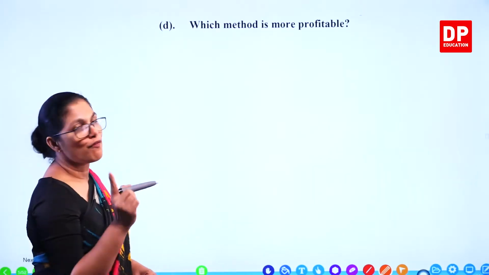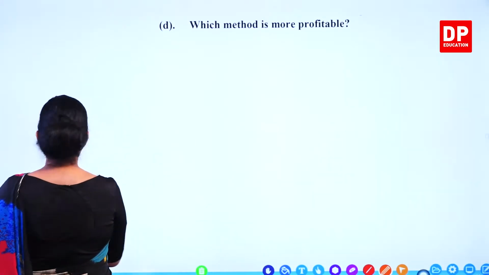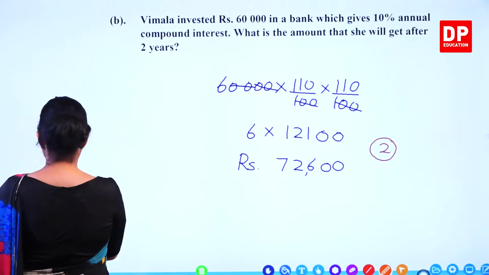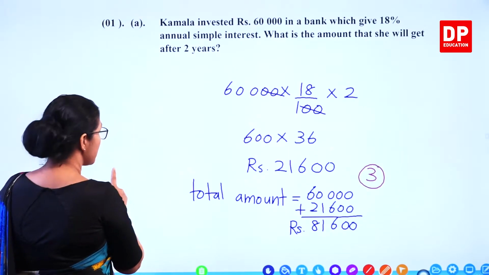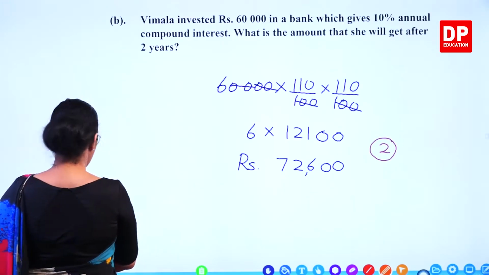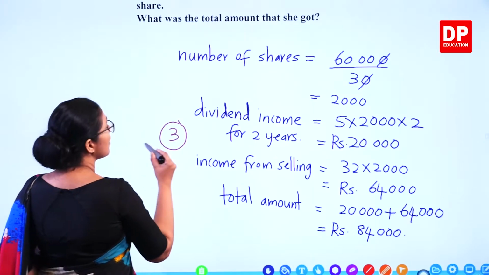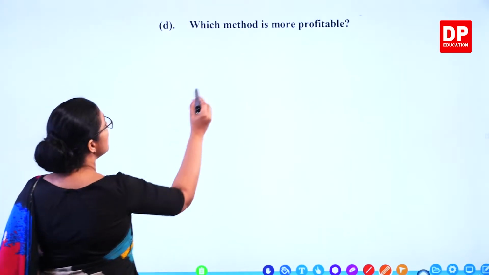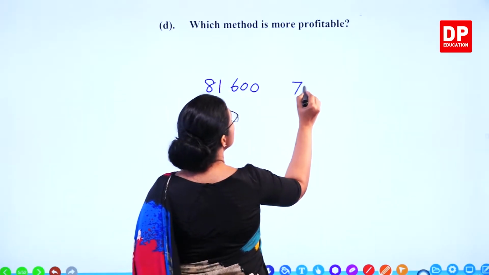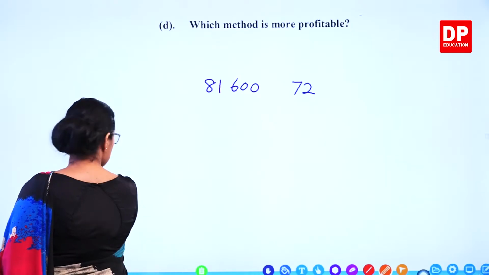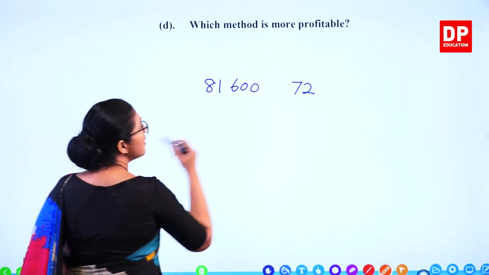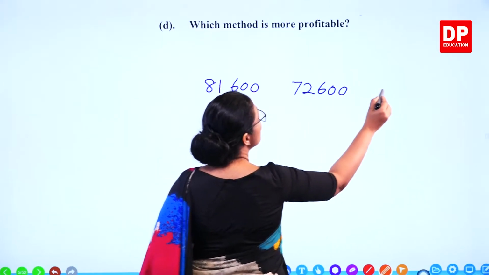Which method is more profitable? So we'll see. First one we got, that's Kamala, 81,600. We have to write 81,600 and 72,600 and 84,000.